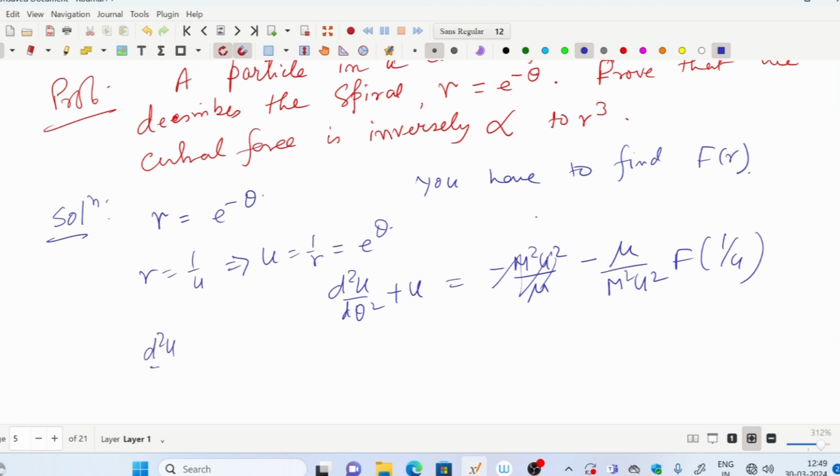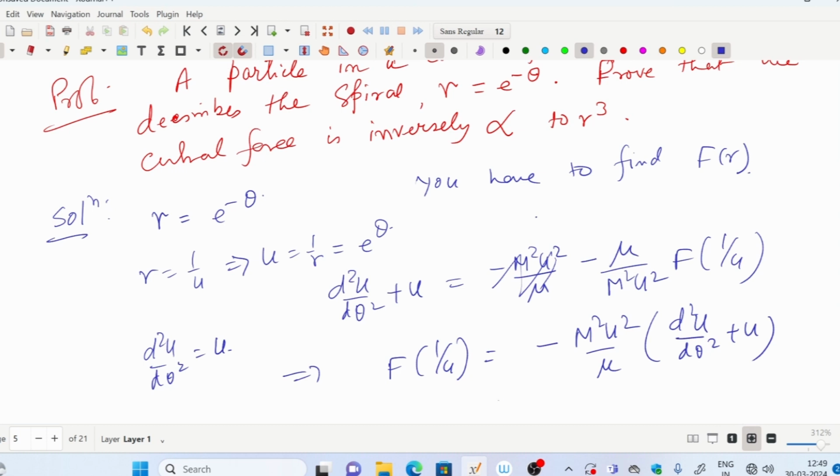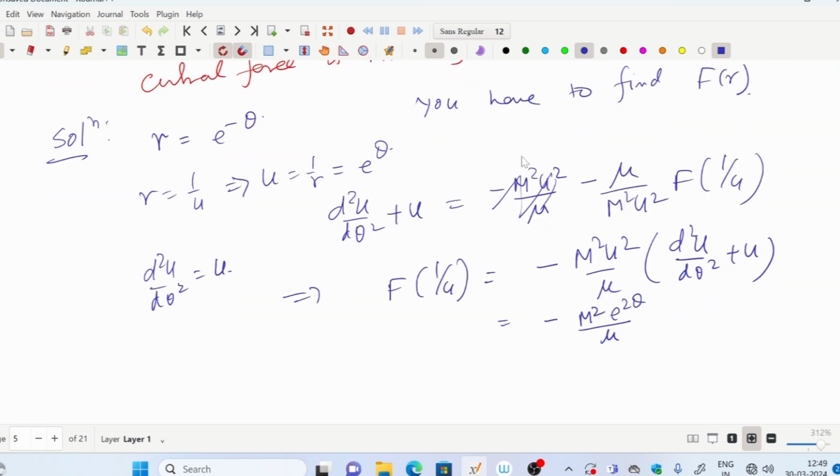So d2u/d theta square is the same as u. So this equation says the force f of 1 over u is minus m square u square by mu times (d2u/d theta square plus u). So I will substitute m square u square is e to the power 2 theta by mu, m and mu are constant, and d2u/d theta square is u, so u plus u.